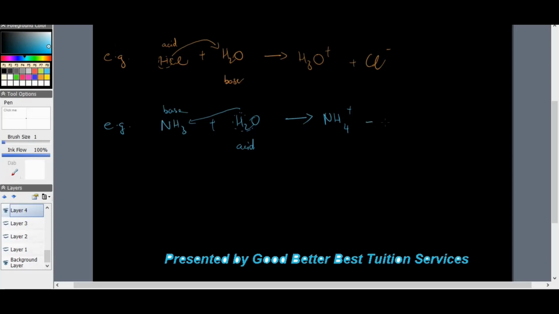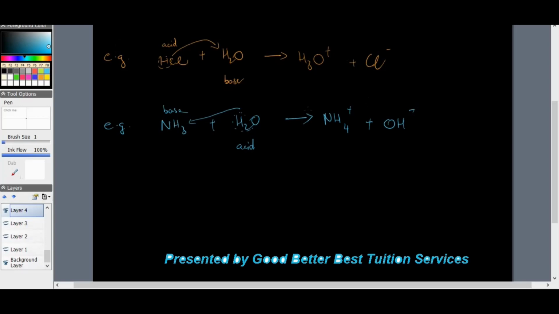Plus whatever remains after the one hydrogen proton goes over, which is hydroxide, OH-. Okay, so this is an ampholyte, which is water. This is an example of the most common ampholyte that acts as either acid or base.